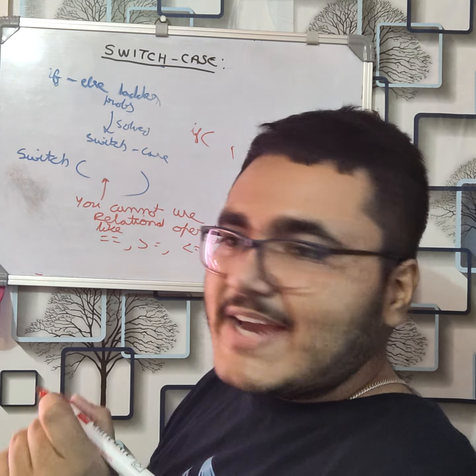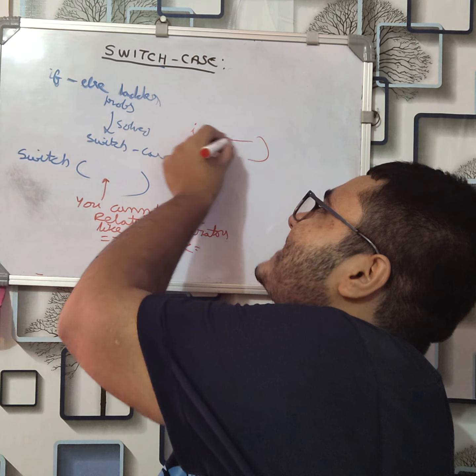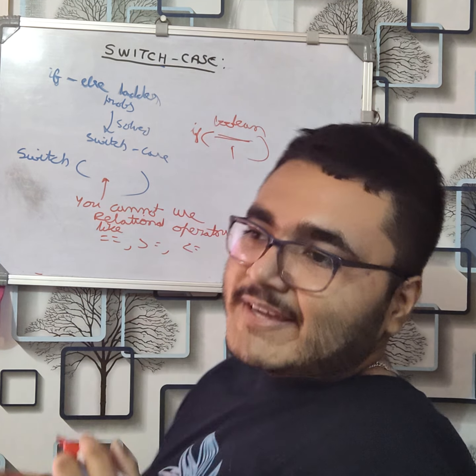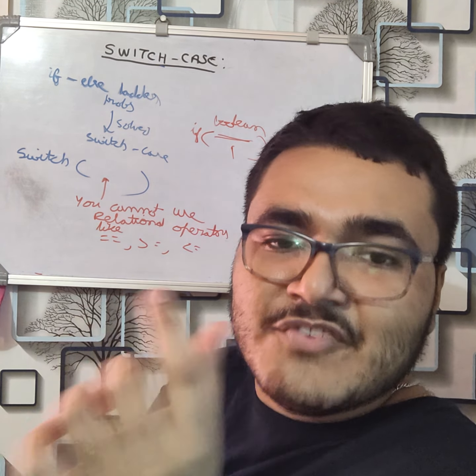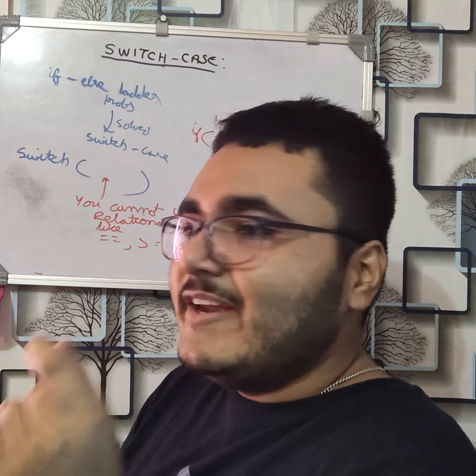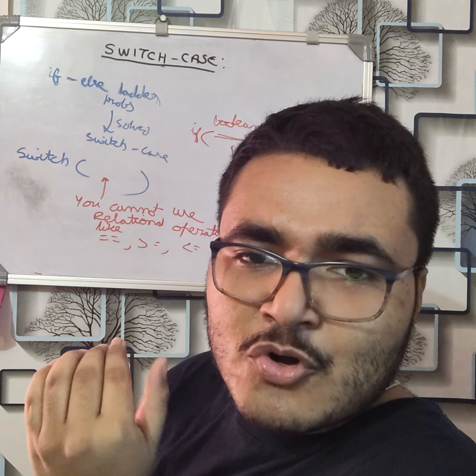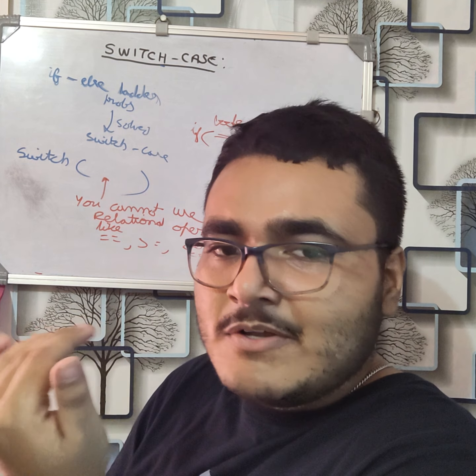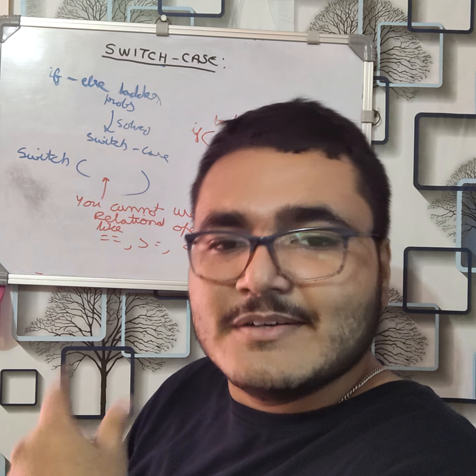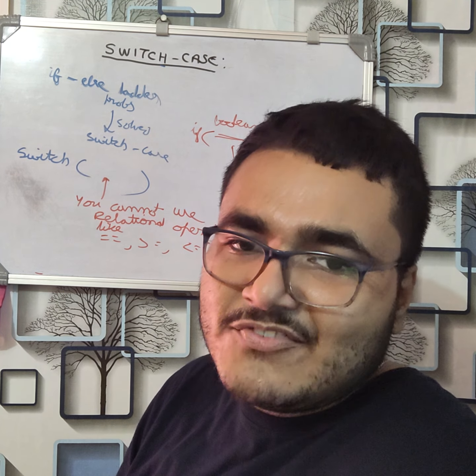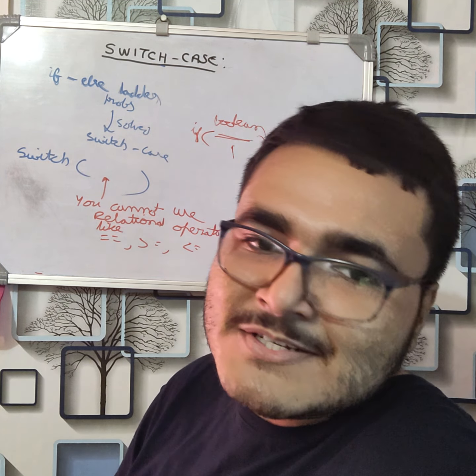Actually the thing is that if statement checks for a boolean value, true or false. If that boolean value inside the if condition is true, then if statement executes the statement, right? If else में अगर confusion है, then watch my video on if else statement by Audige's computer class. Search it.